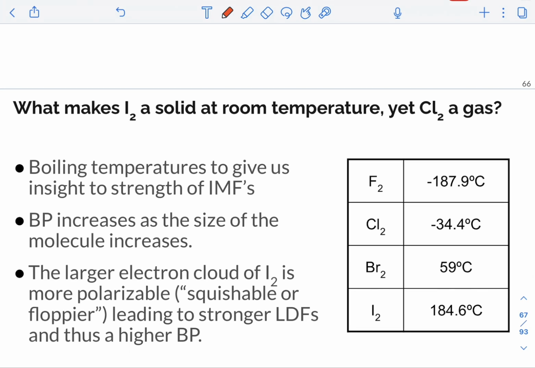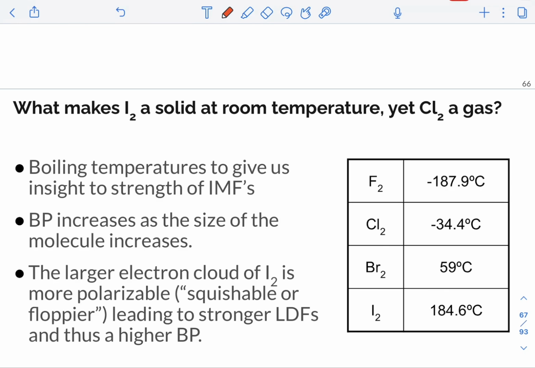So here, let's take a look at some halogens, okay? These are the boiling temperatures. So what makes I2 a solid and Cl2 a gas? And these again are non-polar molecules, so we're only looking at LDF. But as you get bigger, LDF gets stronger because of that polarizability.